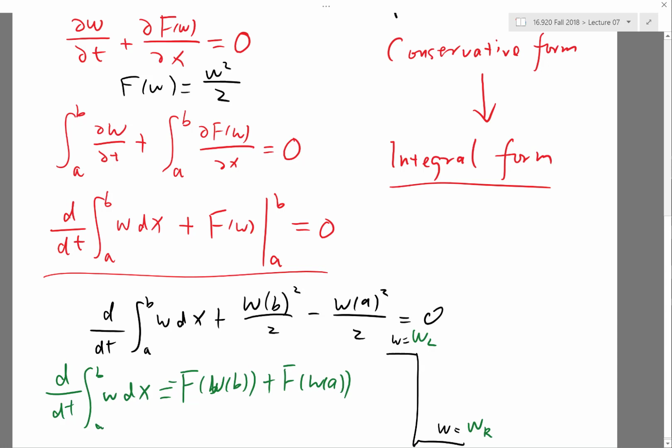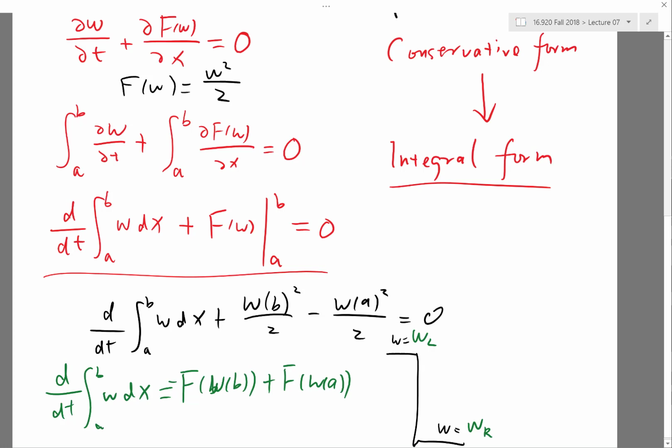Here, W can be used to represent the density of some kind of conserved quantity. So, for example, if W is the regular mass density, then the integral over an interval of the mass density is mass, right? So the integral of density is always the conserved quantity.